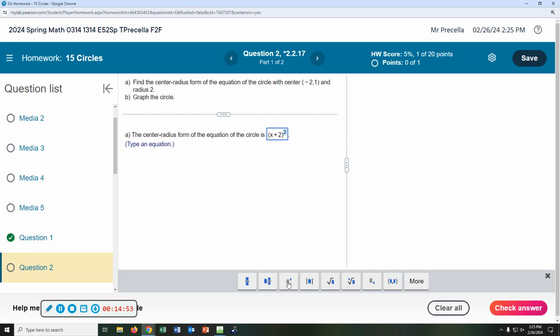I need to move out of that exponent before I put the plus, then left parenthesis again, y minus 1, right parenthesis, superscript square. Get out of the exponent before you type equals 4.